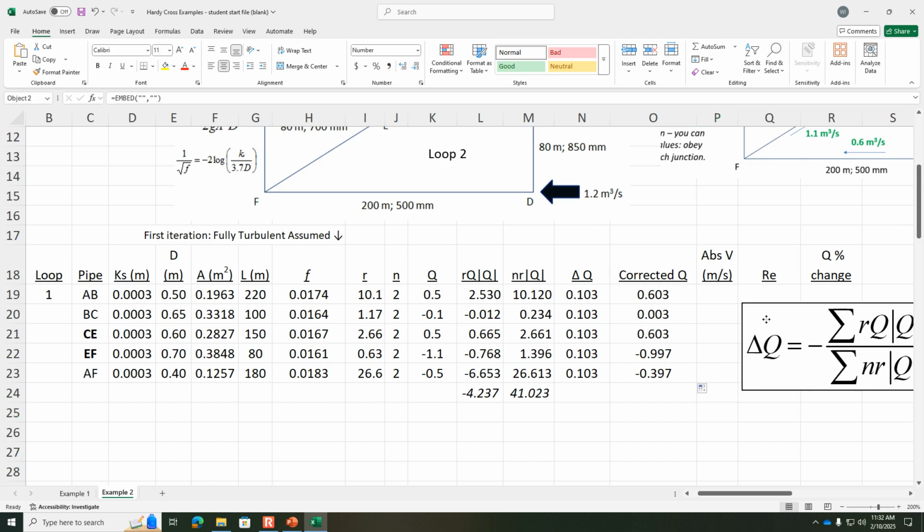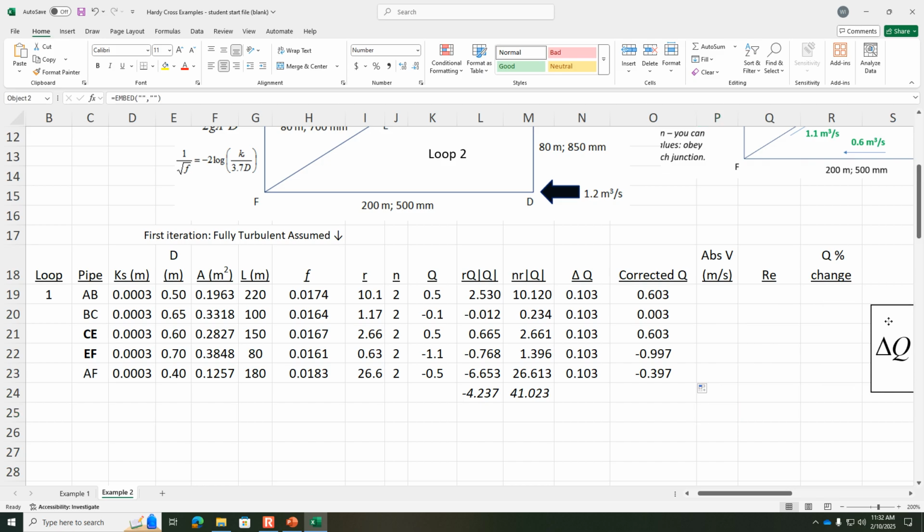Okay. Now these next couple of columns are what we use to improve our guess for the F value in subsequent iterations. So we want to know the absolute velocity through the pipe, which is absolute flow rate Q divided by area. Taking the absolute value of the flow rate gives us a positive value for the velocity.